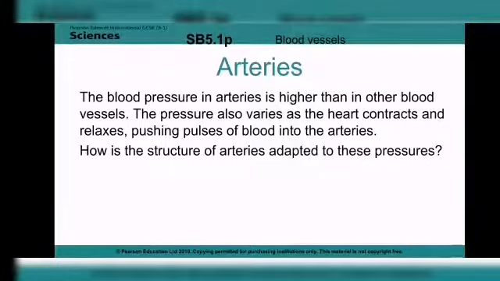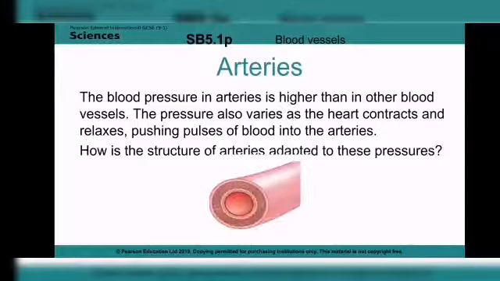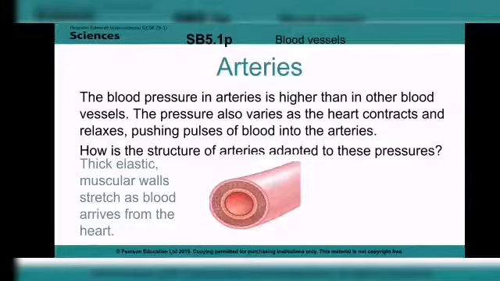For example, the small intestine has a large surface area: villi, microvilli, lacteal, and so on. The same thing in blood vessels. The arteries have a thick, elastic, muscular wall that stretches as blood arrives from the heart.